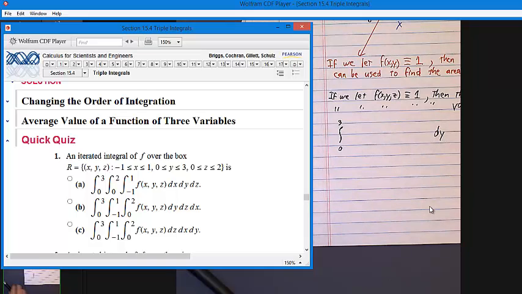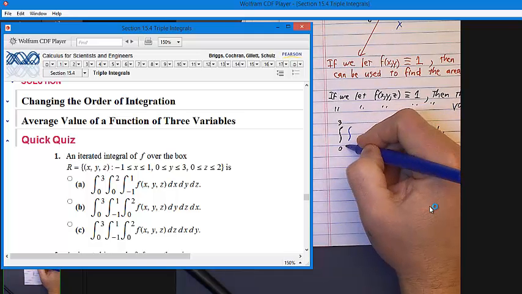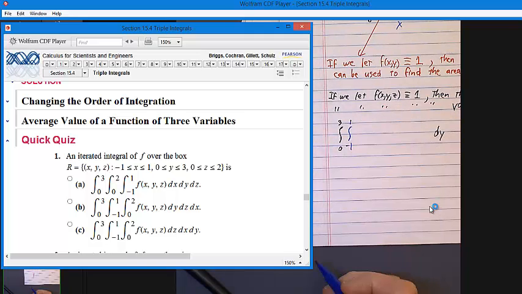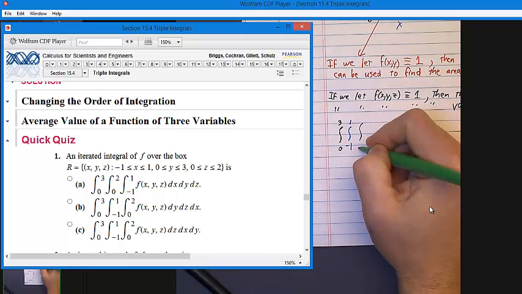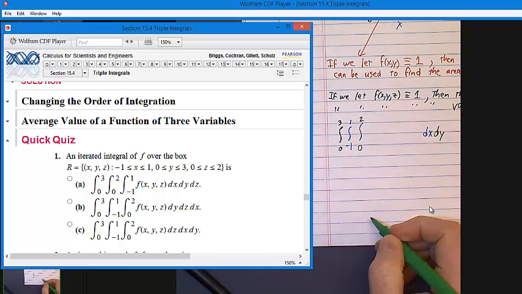And then it says we're going from -1 to 1, right? And we're talking about a box whose x-coordinates go from -1 to 1, so it must be that dx is here. And then the inner integral would be 0 to 2, because z ranges from 0 to 2.